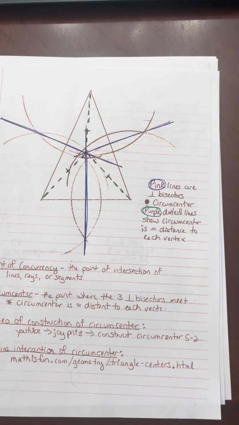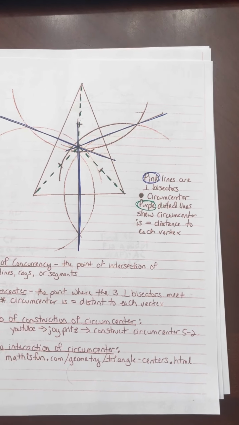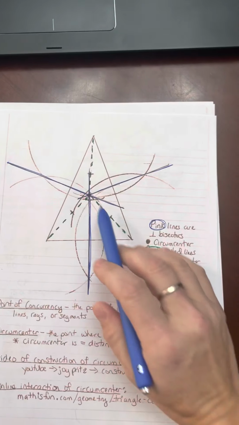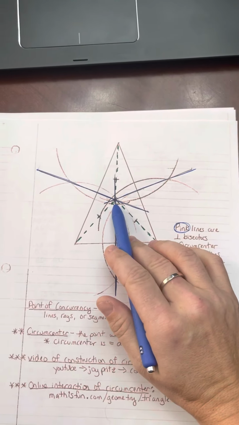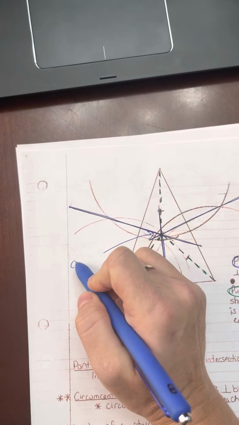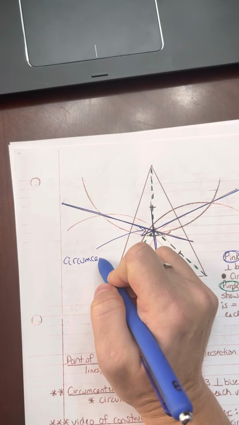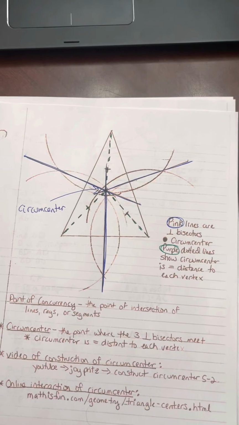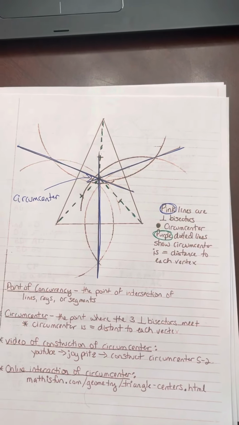In this case, it's a meeting point of all the perpendicular bisectors, so that point is called the circumcenter. So again, the circumcenter is the meeting point of all perpendicular bisectors.